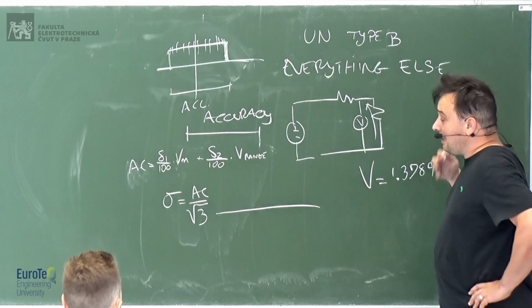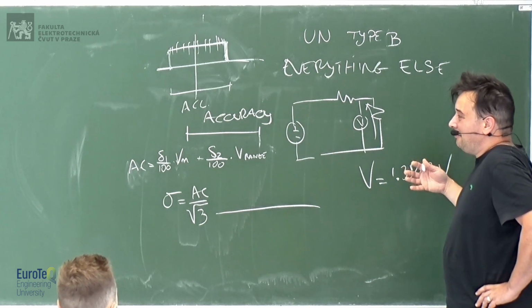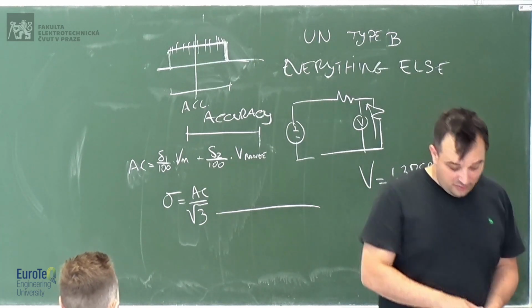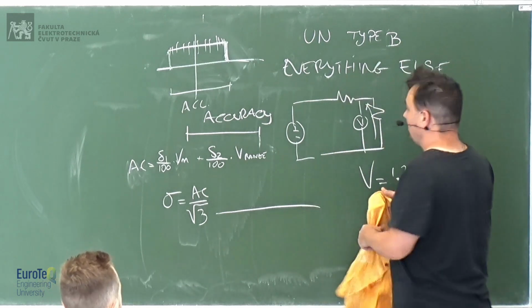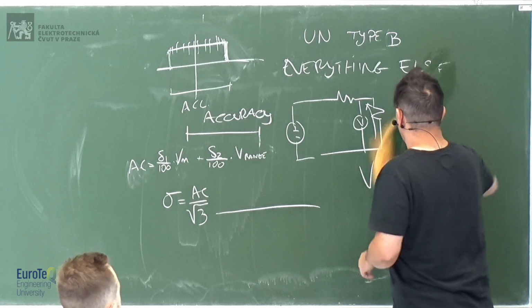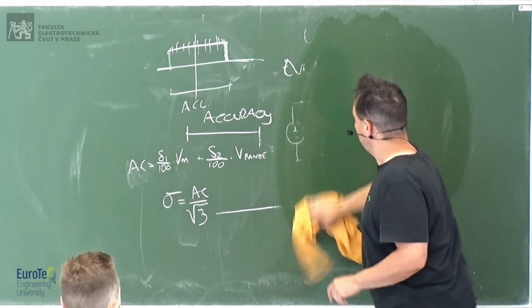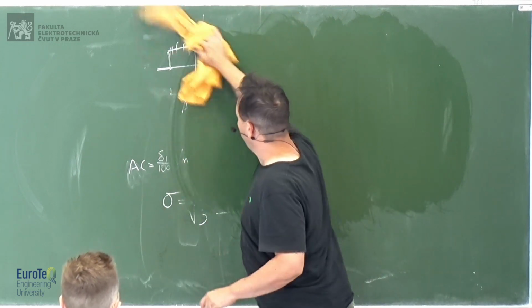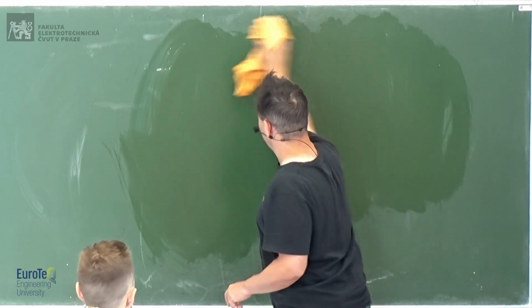Then, there are other sources of uncertainty, and they pretty much depend on whatever you are doing, okay? So, anything which introduces some uncertainty must be considered. For instance, a typical example of a measurement: you want to measure a current, okay? How would you measure in the simplest way a current? Ohm's law.